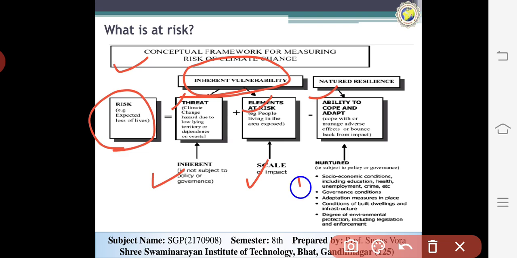So risk considers these two things: the human-made and the natural. There are two types, the natural and the human. The natural is not in our hands, but the human will be in our hands. This is the basic importance of the risk.